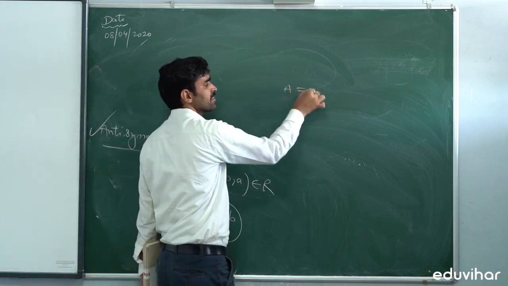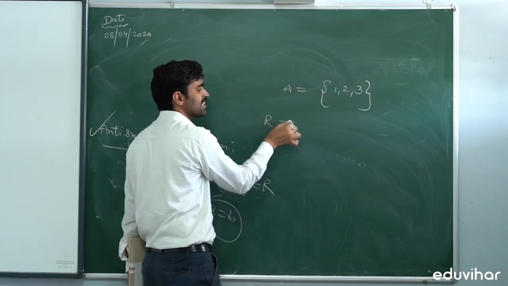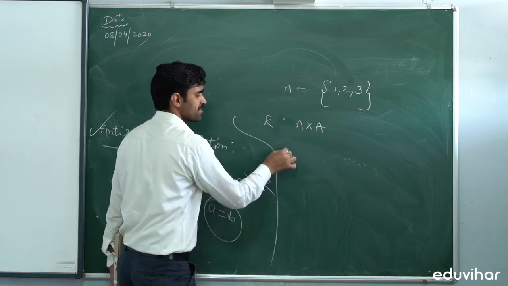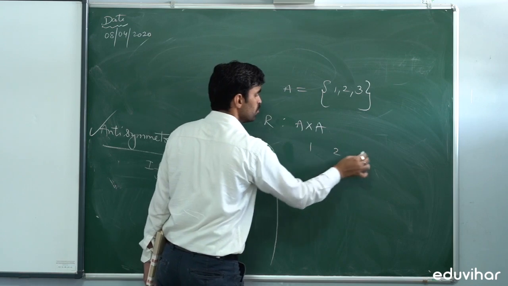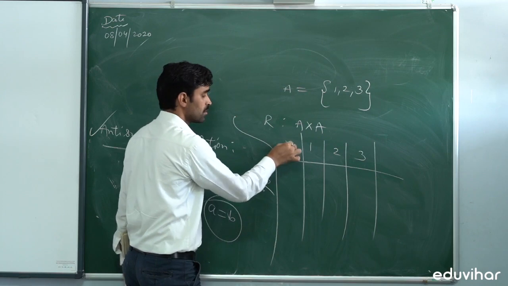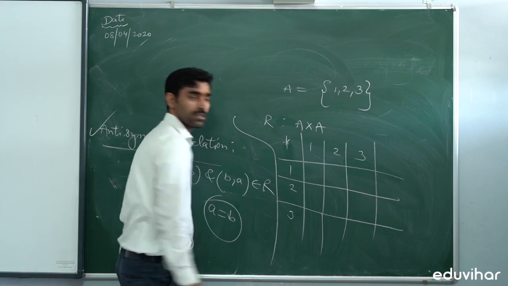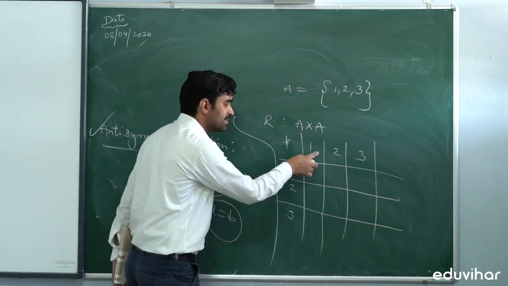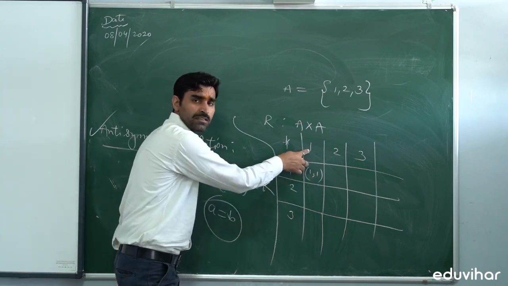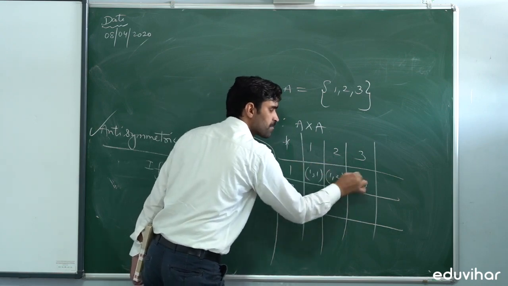Now consider an example for antisymmetric relation. Consider a set A having the elements 1, 2, 3, and we have a relation from set A to set A. Here 1 is mapped with 1, 1 is mapped with 2, similarly 1 is mapped with 3.